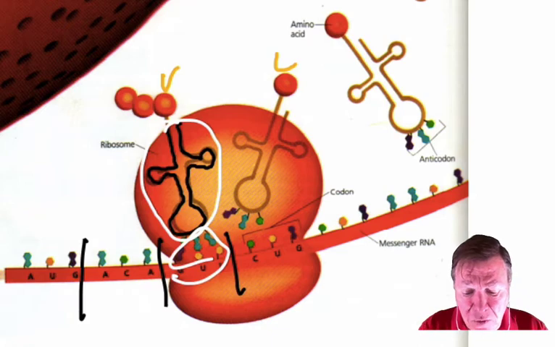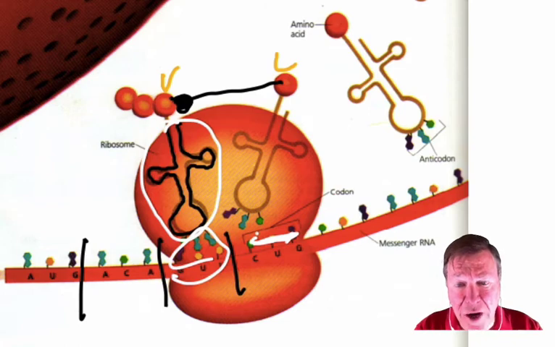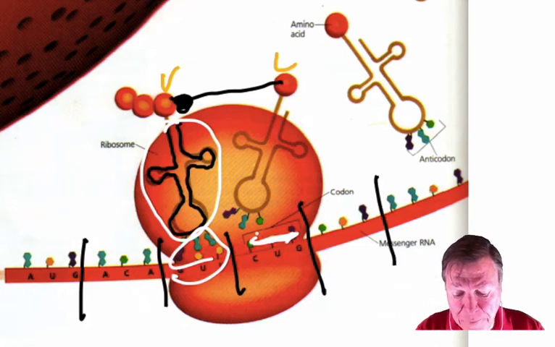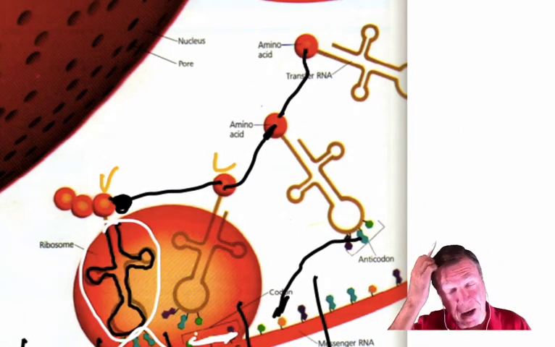The next one, which we know is leucine, is going to bring in, and it will pair up right here, and then this leucine will be added to this chain of amino acids. And this next one, which you can see based on the codon it pairs for, is going to come in here, match up there, and this amino acid is going to be added to the chain. And then this one is going to be added to the chain.